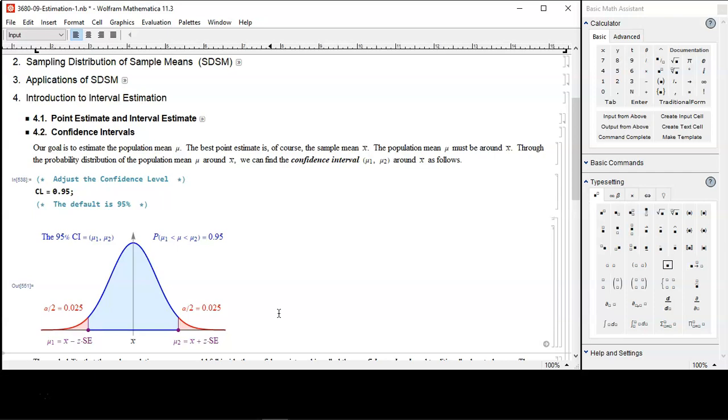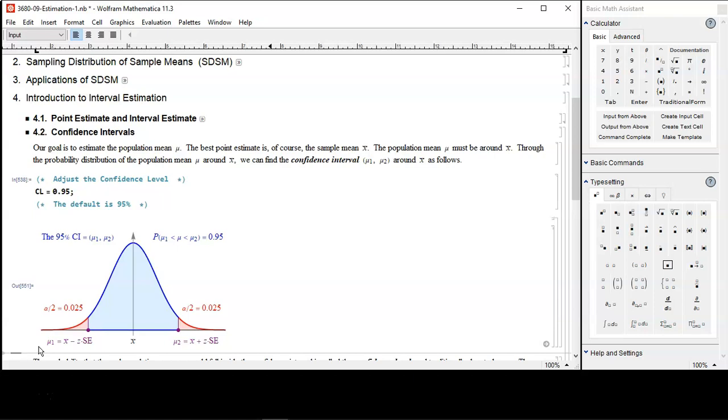Now, it is more likely that the population mean mu is relatively close to the sample mean x bar. So as you can see over here, we have higher probability density around x bar. You see, the probability density, the y-coordinate value, is higher around x bar. And if you move far away from x bar, either to the right or to the left, the probability density goes down.